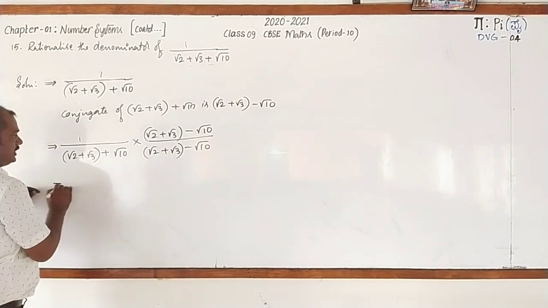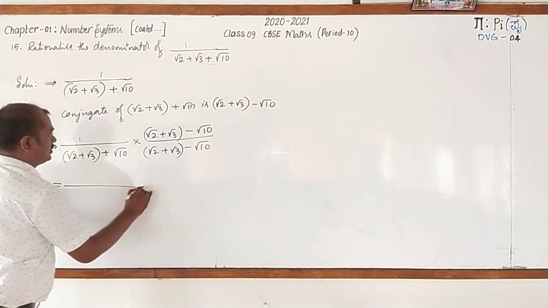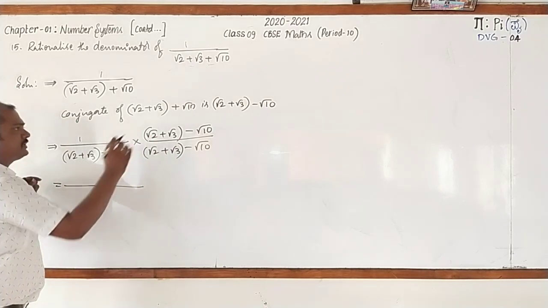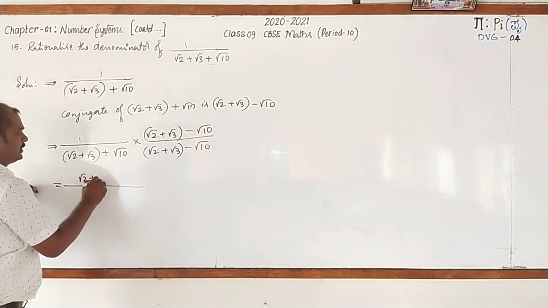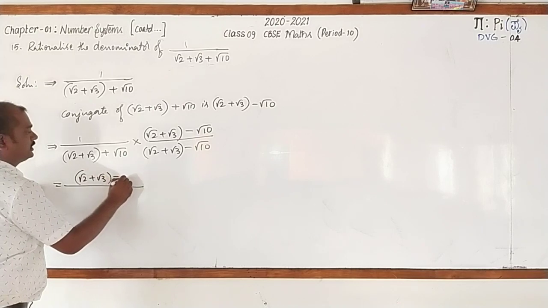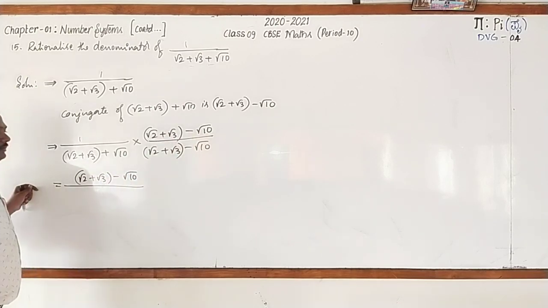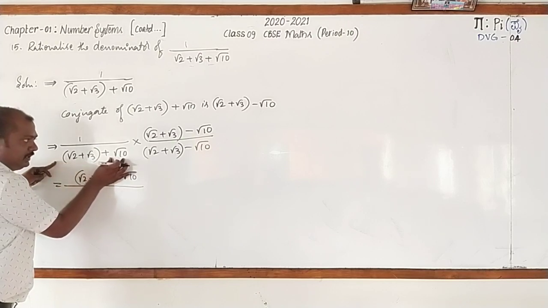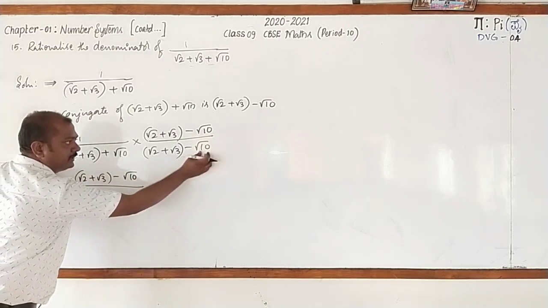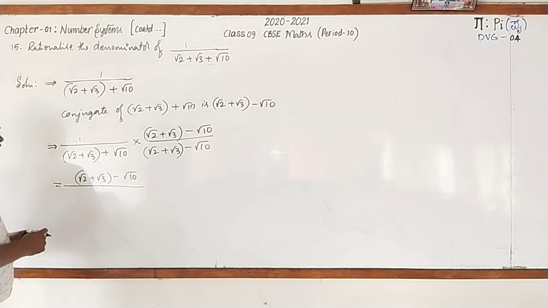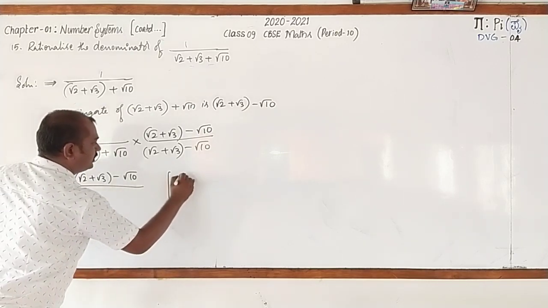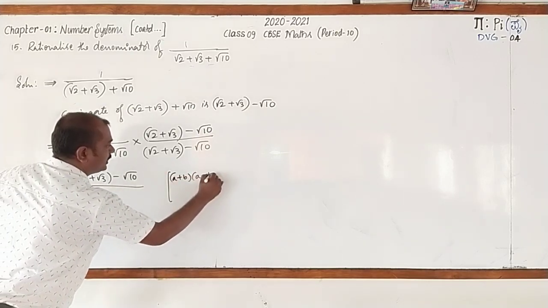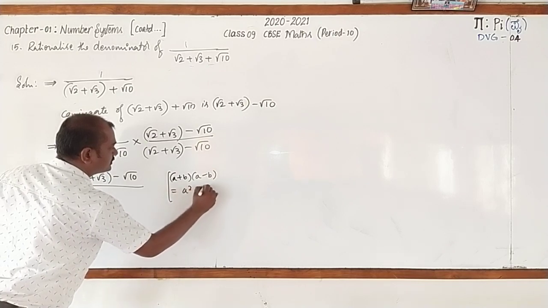Now this is equal to, observe the numerator term as it is. It is root 2 plus root 3 minus root 10. Whereas denominator, it is of the form a plus b into a minus b. It is a square minus b square. Here I write a plus b into a minus b is equal to a square minus b square.